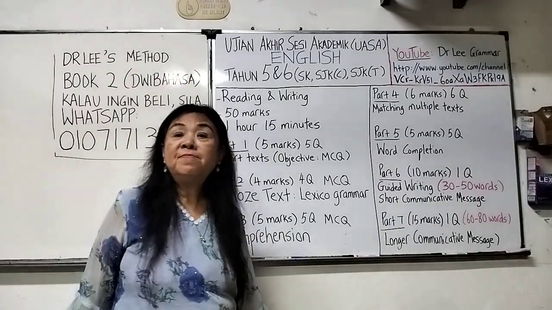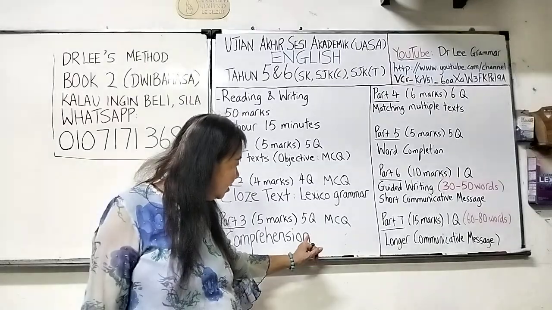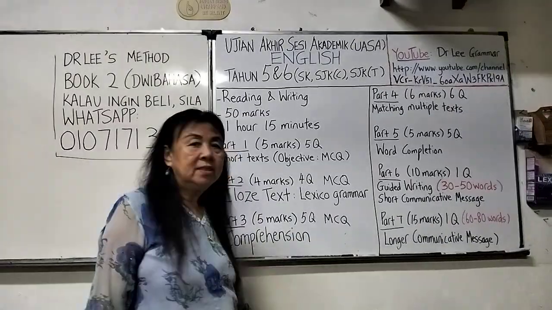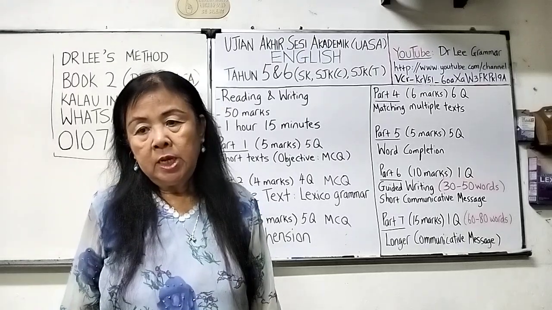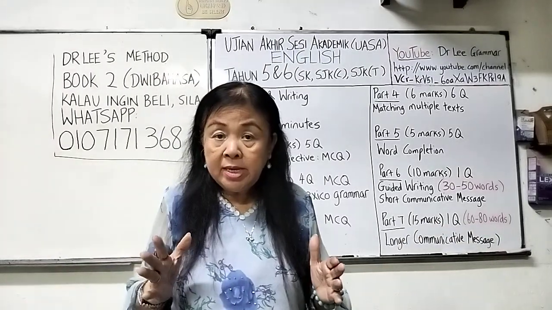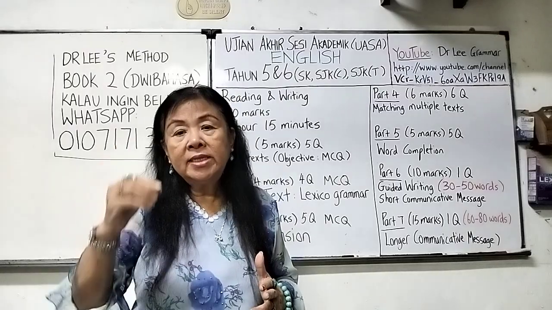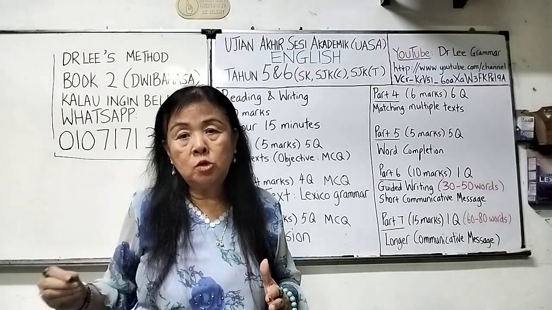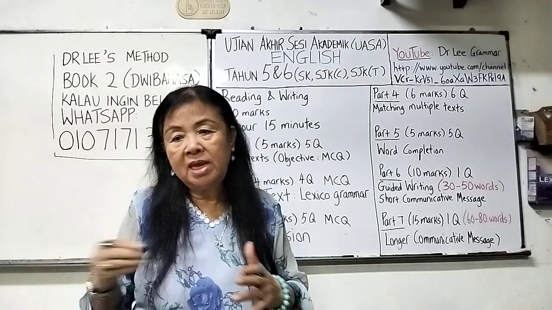Part 3, 5 marks, 5 questions. Again, it is MCQ, and this is comprehension. So comprehension, everyone knows. Read carefully and then answer the questions. It is MCQ, multiple choice questions, ABC.